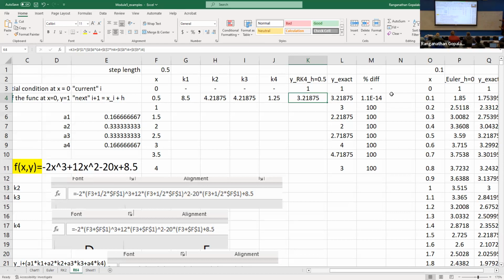And my exact solution at that point is already available, ready to go. And the difference is minuscule, practically round off.